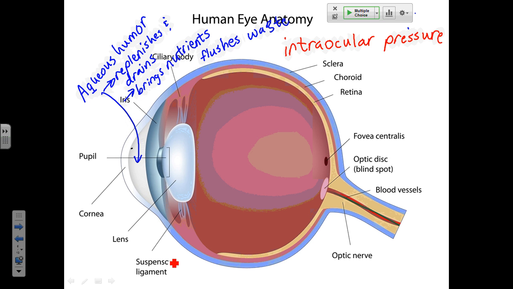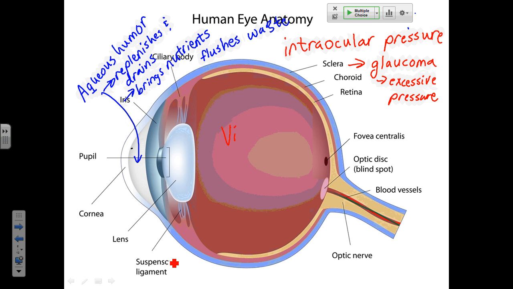If you have a problem either with the flushing out of this, or the replenishment, or the drain, that is, it's replenished too quickly, or it doesn't drain enough, then you can build up that intraocular pressure. And what does that cause? Glaucoma, right. So excessive pressure will result in glaucoma. All right, and then the other is the vitreous humor.